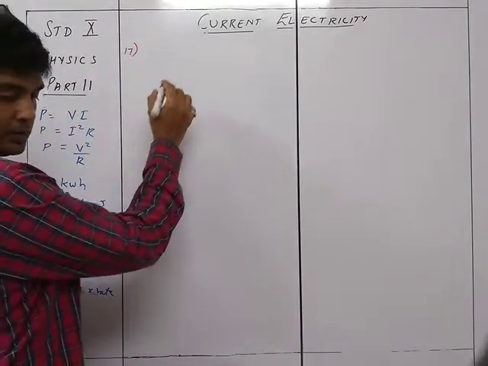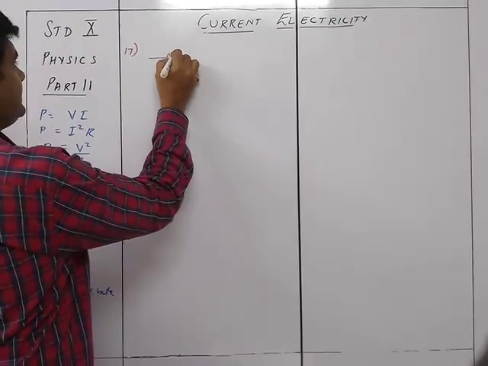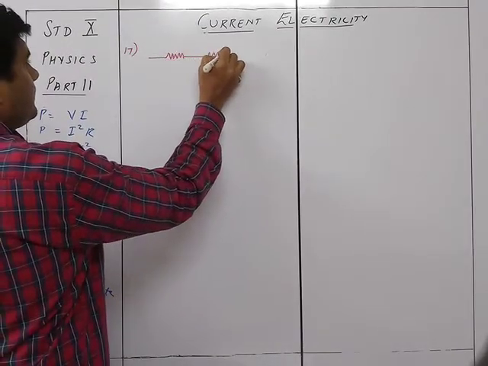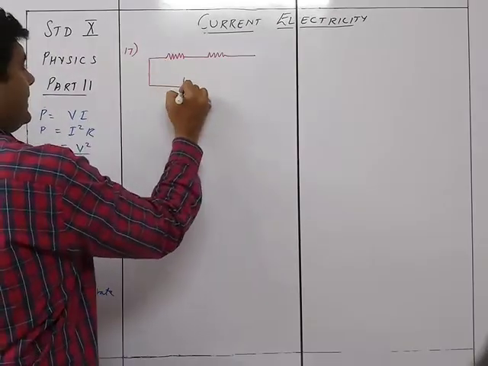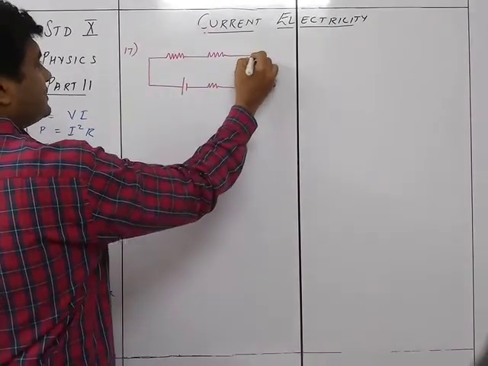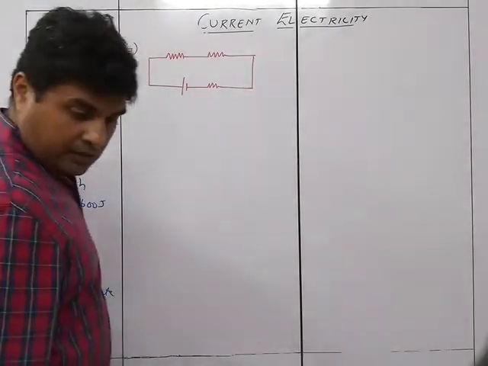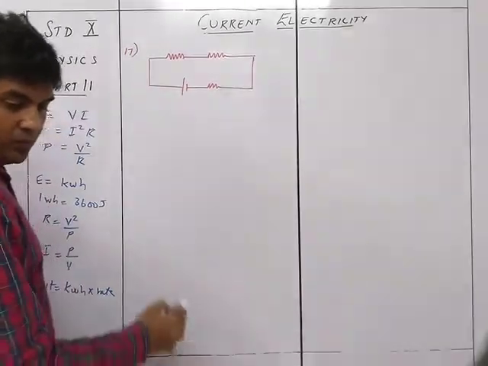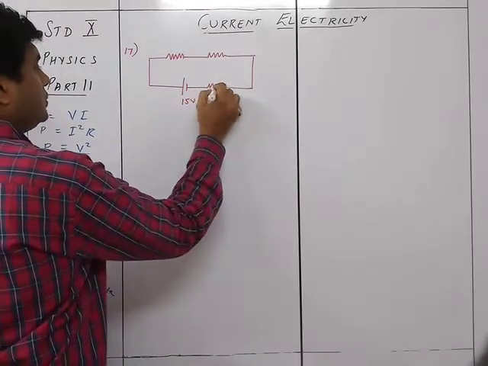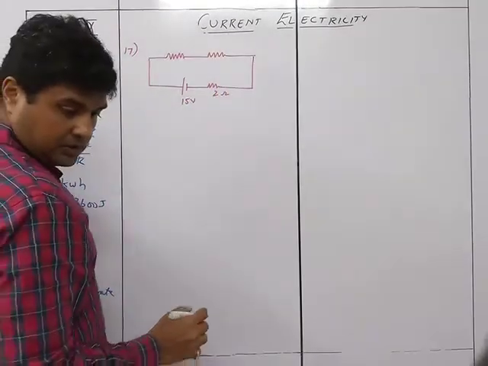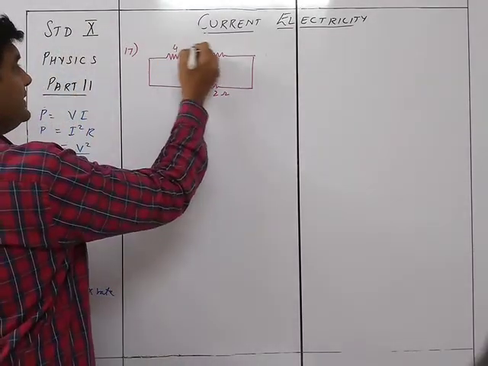So if they have a series resistance connected to a battery with internal resistance: 15 volt, 2 ohms, resistance 4 ohms and 6 ohms.